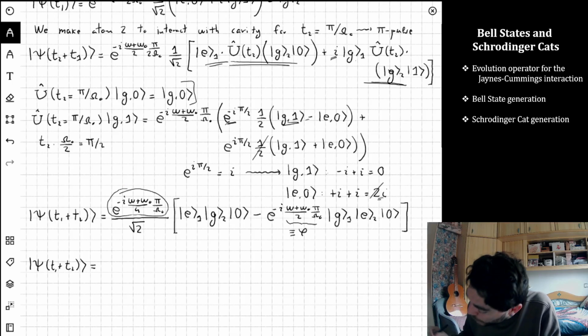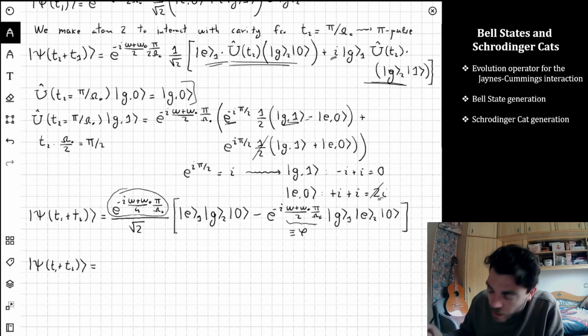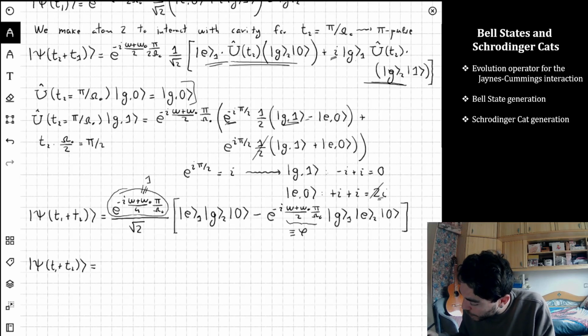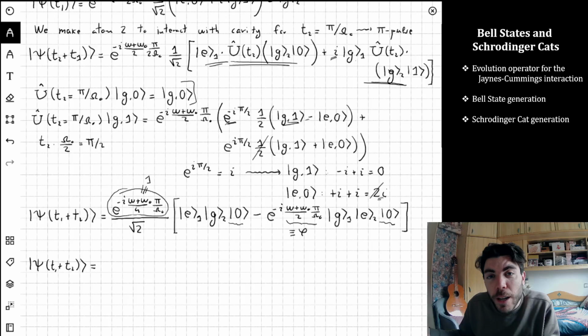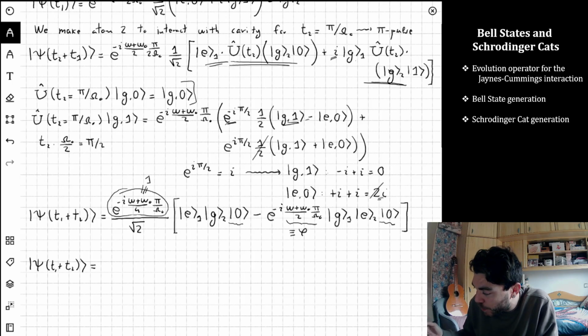Because it multiplies everything, so it doesn't have any physical importance, and we can just replace it by 1 for simplicity. And let's also recall that in the first state and in the second state, the cavity is anyway in 0, with 0 atoms. So the probability of the cavity to have 0 photons, sorry, not atoms, after both interactions is actually 1. So the cavity is empty for sure.